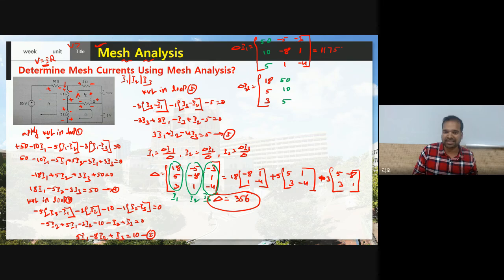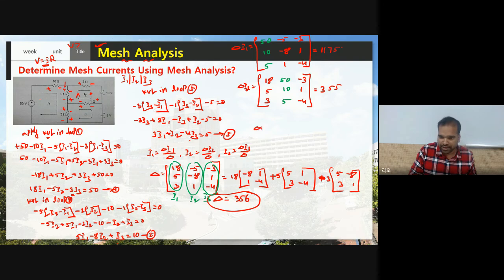The I3 terms are minus 3, 1 and minus 4. If you find the determinant of delta I2 using the same calculation, you will find delta I2 equal to 355. Just to save time, I'm writing the direct answer.